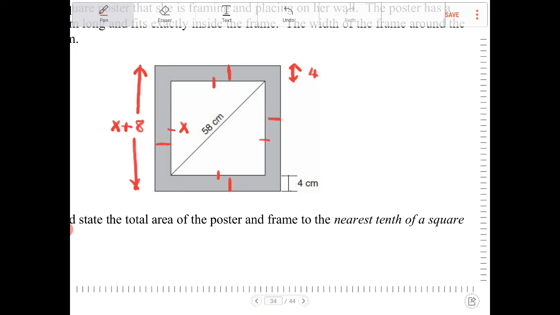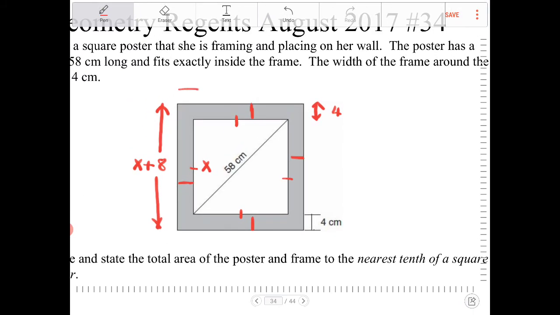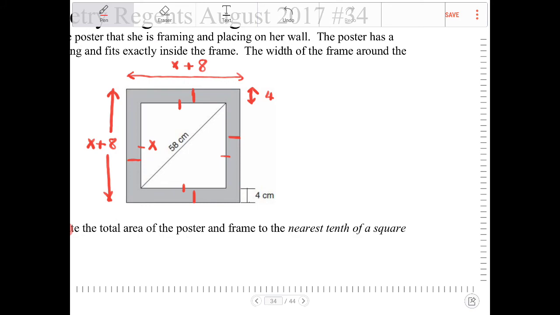Since the frame is the same width all throughout, the width is also going to be x plus 8. So the area of the poster and frame altogether will be (x plus 8) squared.